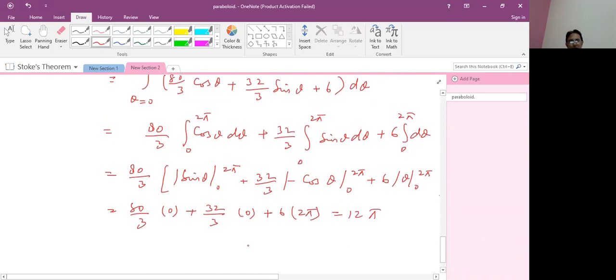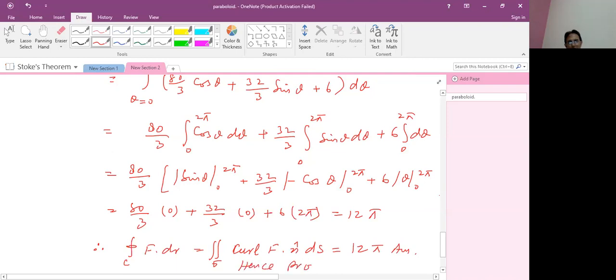Therefore the closed line integral over C of F dot dr is equal to the double integral of curl F dot n cap dS, both equal to 12 pi, hence proved.